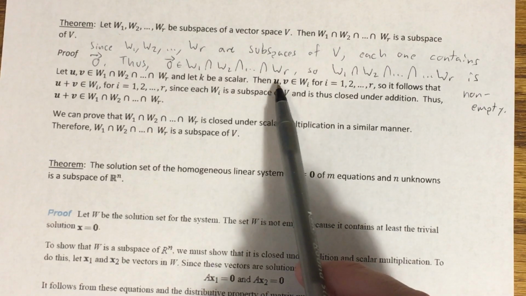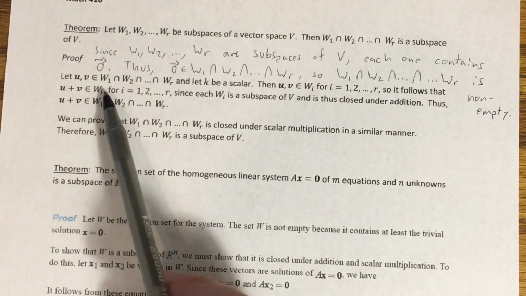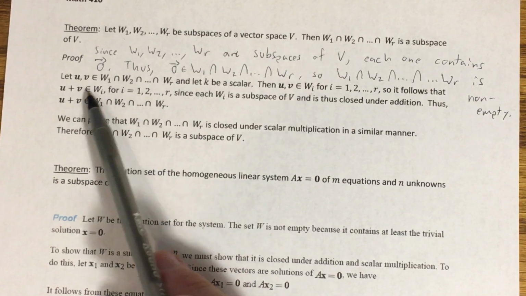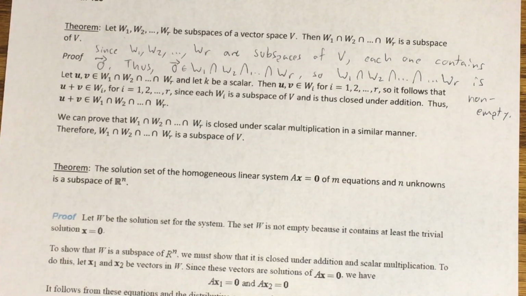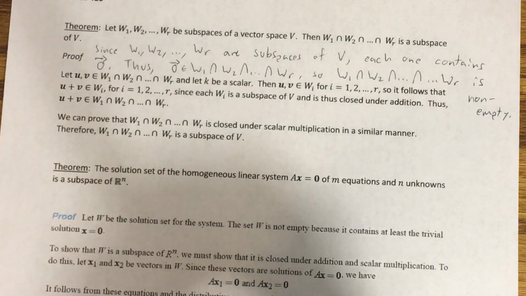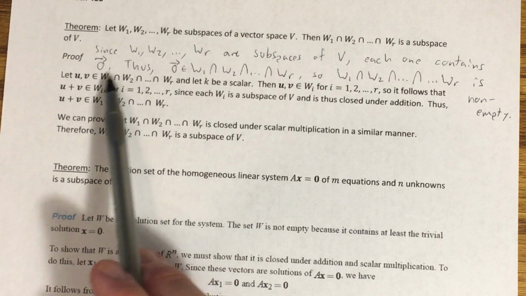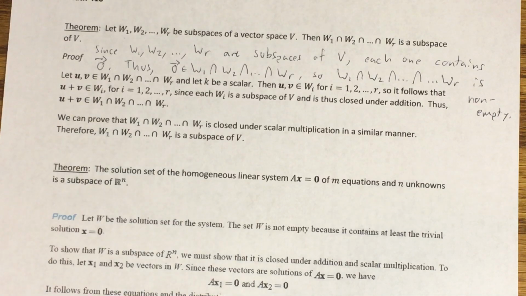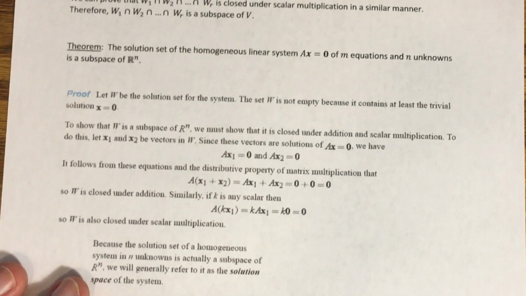That means u plus v will also belong to every Wi. However, if it's in all of them, then u plus v would also belong to the intersection of those subspaces, because it's a common vector in all of them. So that establishes closure under addition. The fact that u and v are both in this intersection was enough to prove that their sum belonged to the intersection as well. And again, we're going to skip the part where we prove closure under scalar multiplication. It's very similar. Okay.